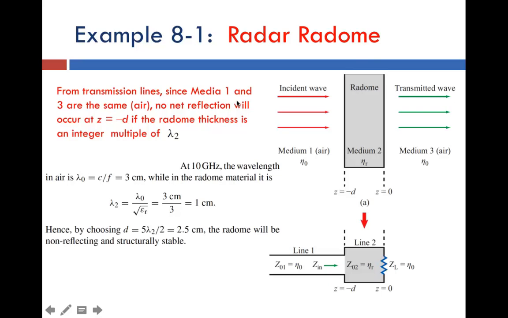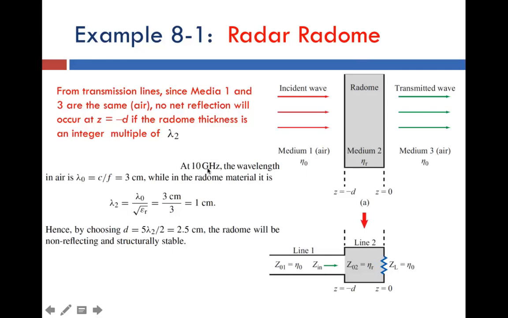And once again, from transmission lines, if medium 1 and medium 3 are the same, and the thickness of the radome is an integer multiple of the wavelength of the wave in the material, then no net reflection occurs. I don't know if you covered that in your Fields 1 class on transmission lines, but as long as this is an integer multiple of the wavelength, then there's no net reflection.